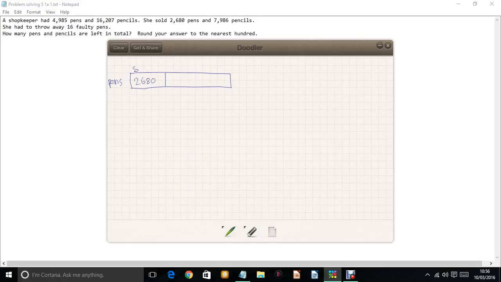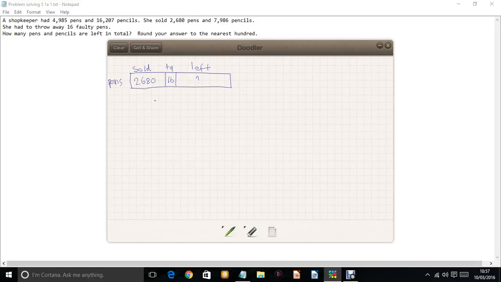This is how many I sold. I had to throw away 16, didn't I? I had to throw away 16 pens, so that's how many I threw away. I'm just going to put TA. And this is how many are left. Question mark here.